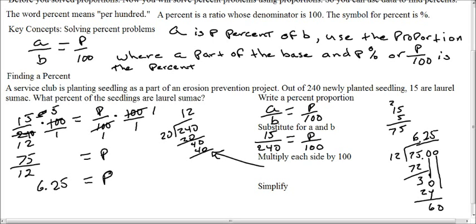So we see that our P is equal to 6.25. Okay, so what does 6.25 tell us? It literally tells us that 6.25% of the seedlings are laurel sumac.